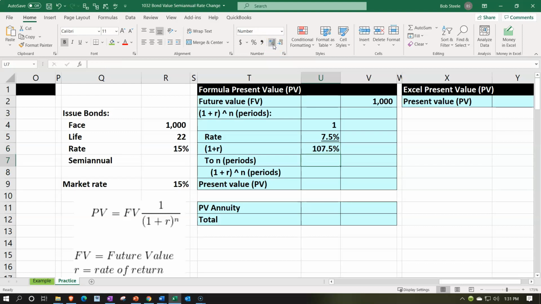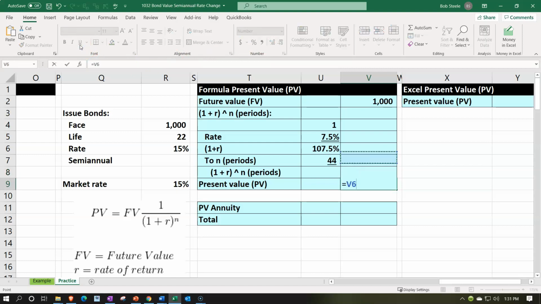And then we're going to take that to the power of n. So this is going to be n periods, 22, but that's years, and we need 6-month periods, so we multiply times 2. We're talking 44 periods. Font group, underline, pulling this to the outside, the 107.5 to the power of shift 6, 44. And then let's add some decimals there, number group, and font group, underline it.